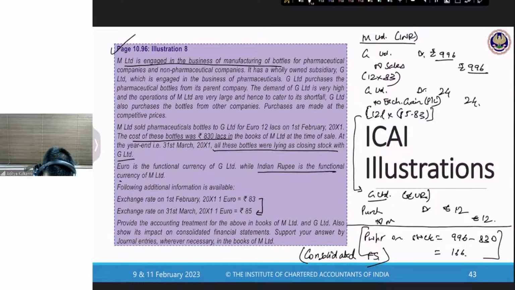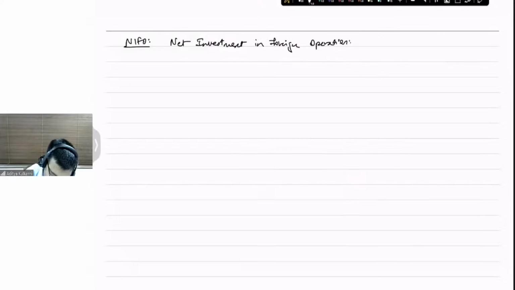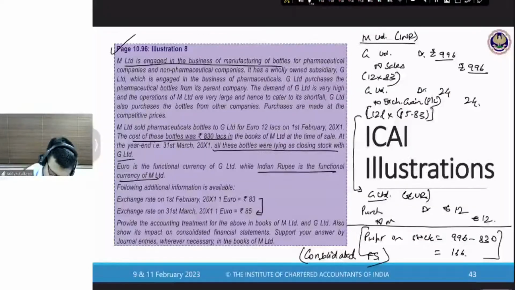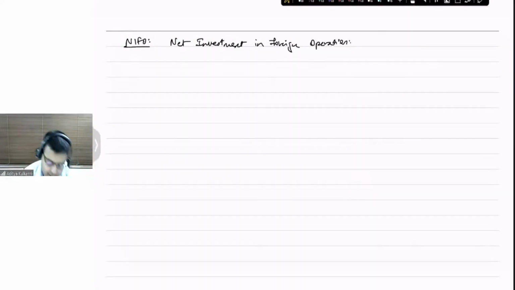Indian rupee is the functional currency of M. So M is the parent. The parent has made a subsidiary outside India. So our currency is INR only. Therefore consolidated books will be in INR. It may seem odd how an Indian parent can have a subsidiary abroad in euros and INR, I understand, but here it is like that only. All right.